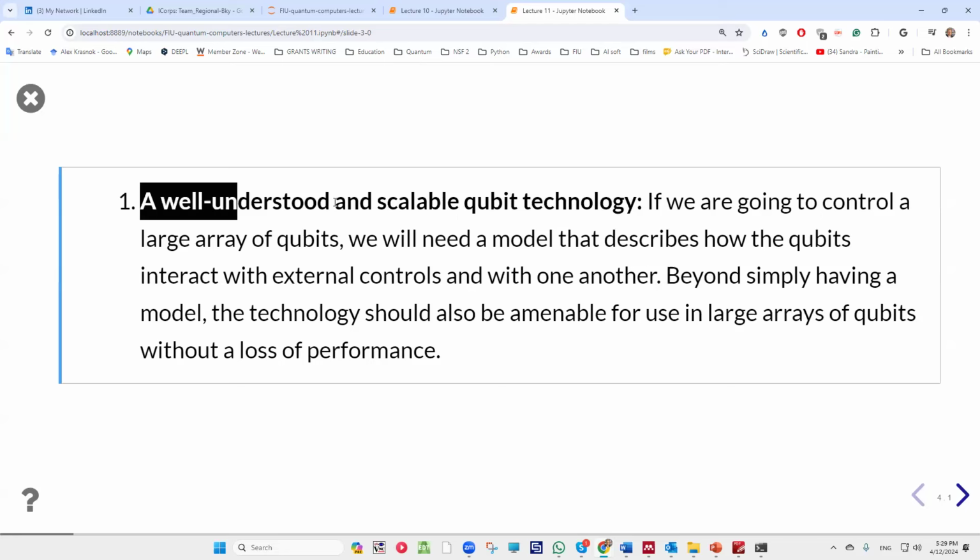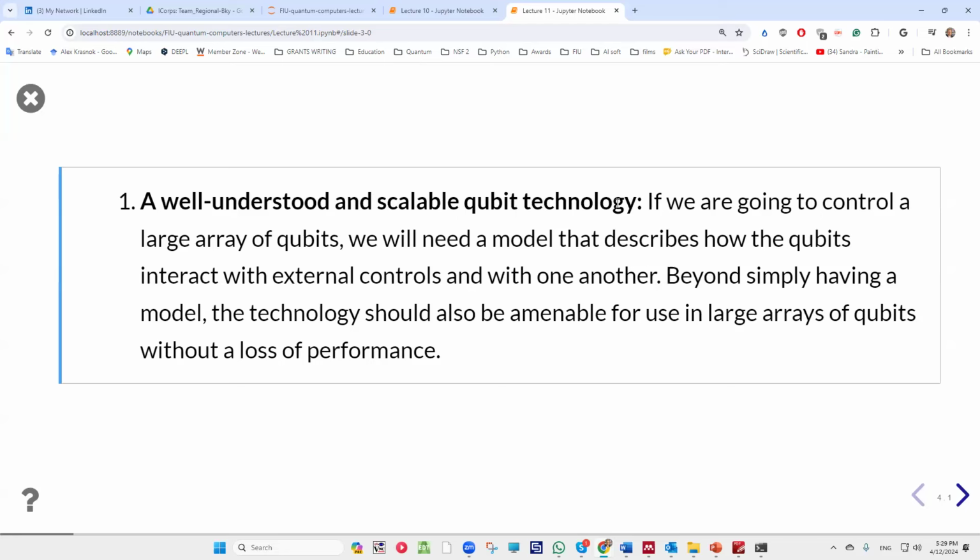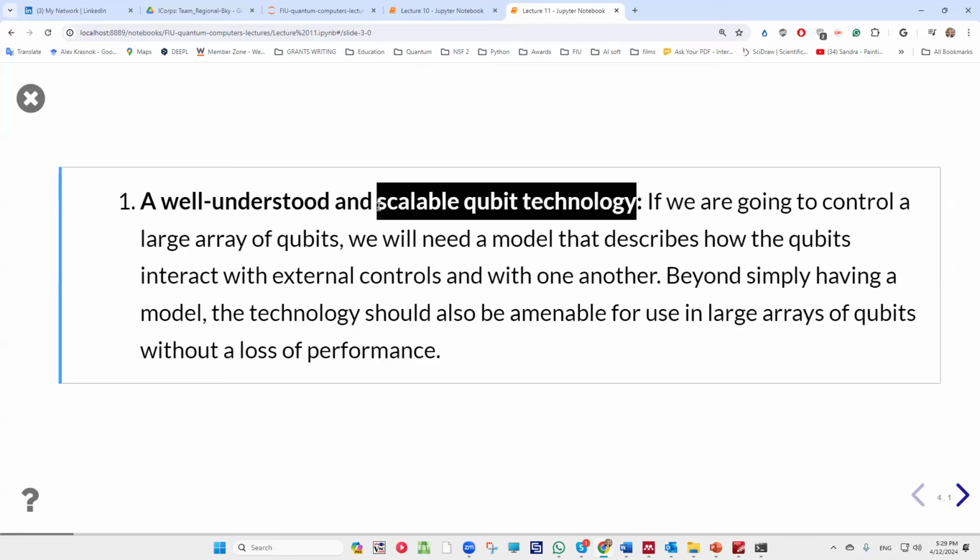We need both: a good understanding and scalability. I would say scalability is very important, and not only for quantum, even for classical computers based on novel transistors, like the single electron transistor and so on.